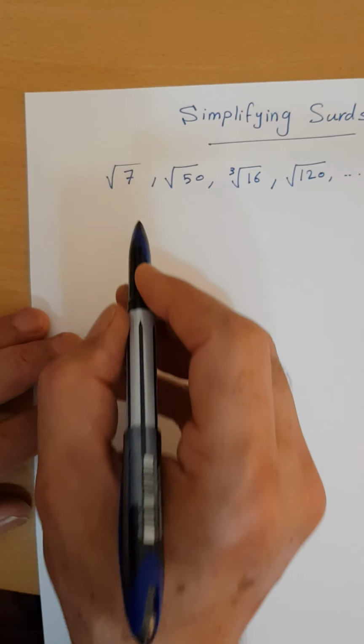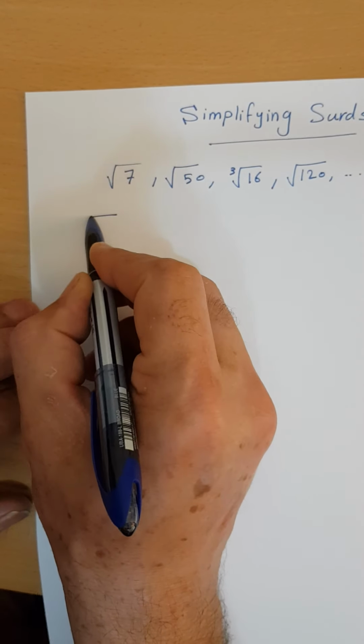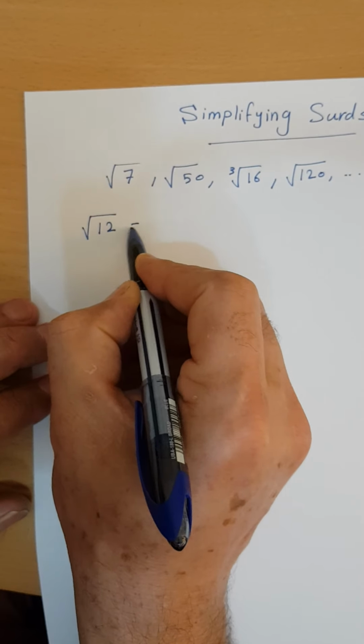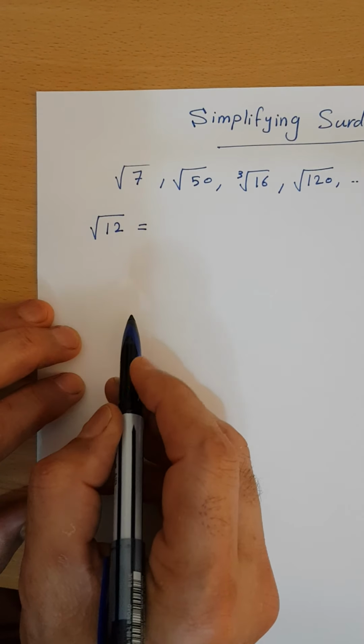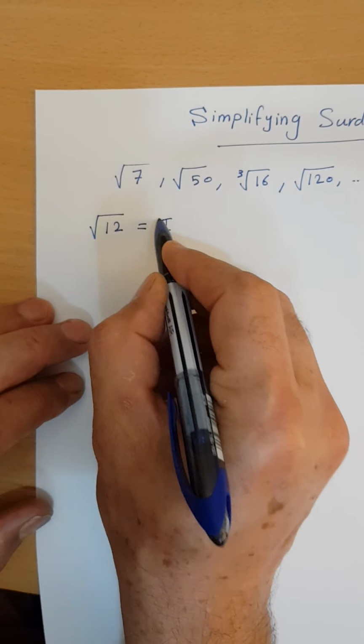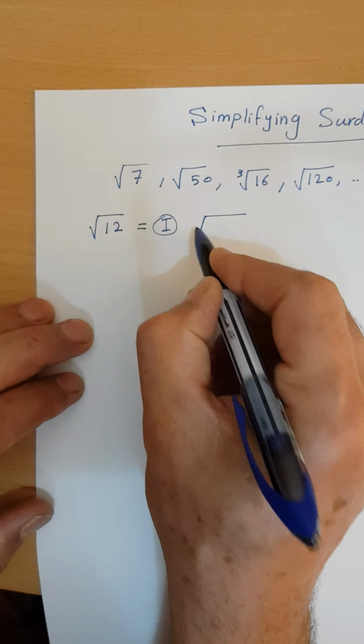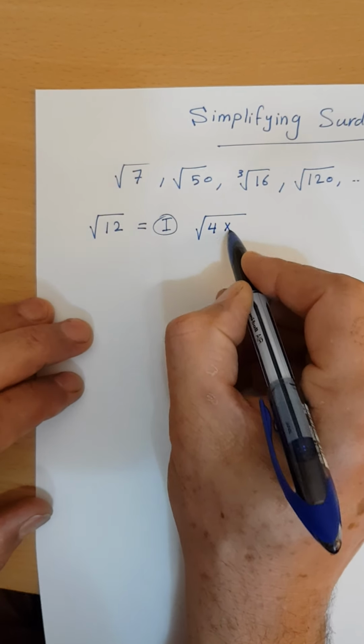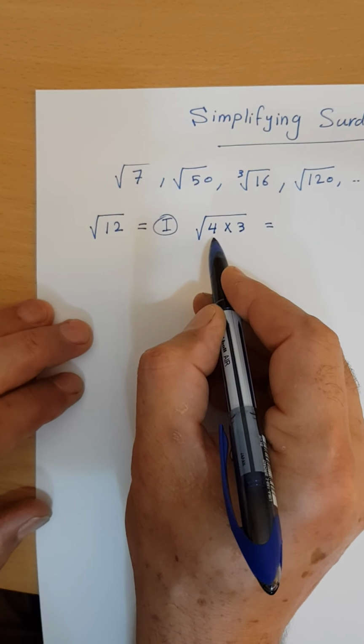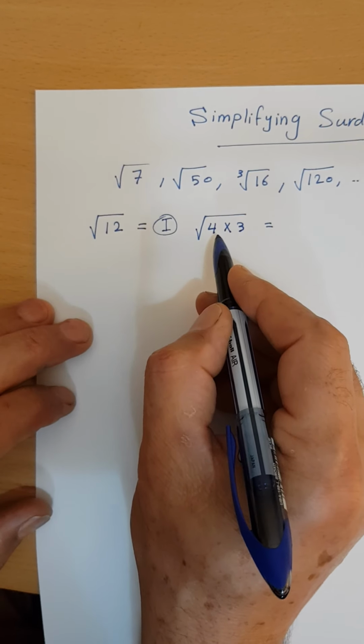Let me give you a simple example and then give you a chance to practice with me. For example, root 12. How can I simplify root 12? The first method, just write root 12 as a product of two numbers, like 4 times 3, where one of the numbers is a perfect square.